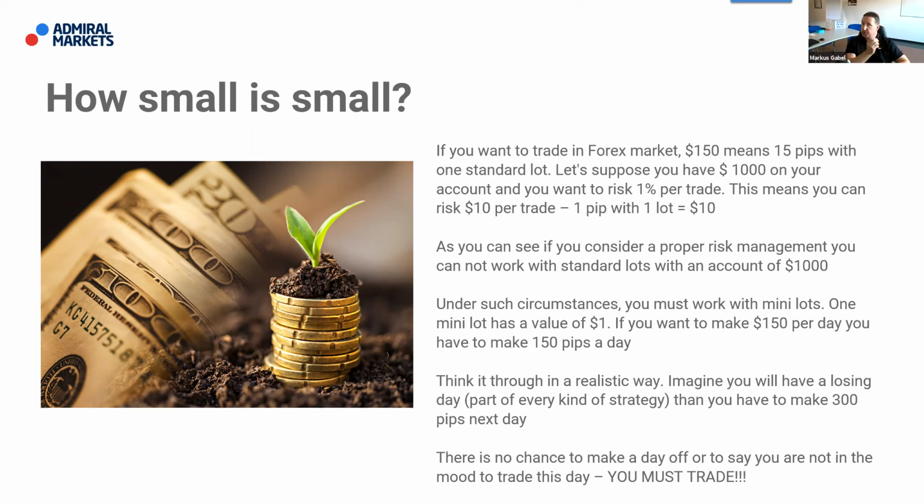Under such circumstances, you must work with a mini lot, because one mini lot has a value of $1 roundabout. And if you want to make $150 per day, you have to make 150 pips a day.